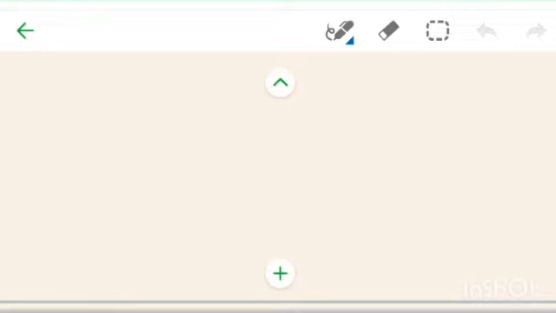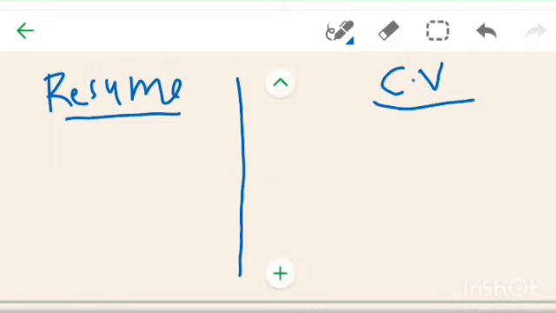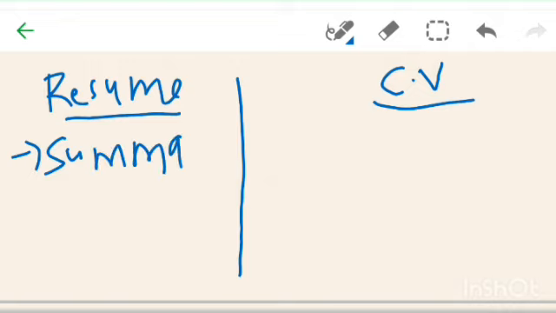So as I told, we'll be discussing the difference between the two, resume and CV. I think it would have been very clear from all my words what the difference is, but still I will discuss. Resume was the summary of your skills, but CV is the detailed description.